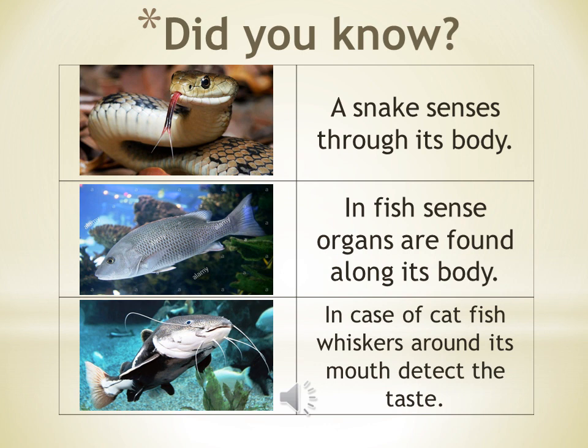fishes have sense organs along their body, and fish use sense organs to swim and find their way through water. But in case of catfish, besides having sense organs along its body, catfish has the highest sense of taste.